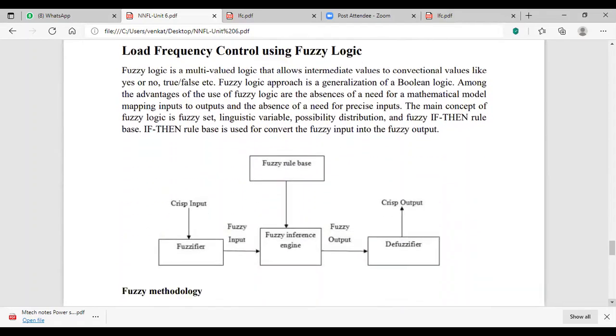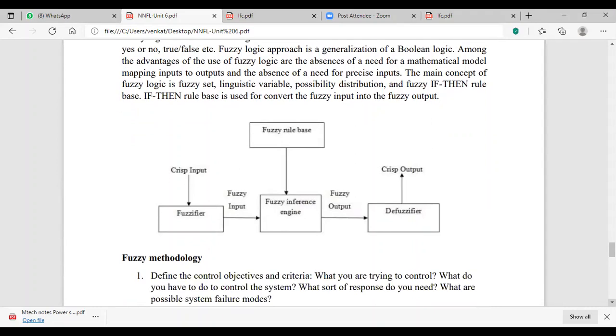And next, fuzzy logic. What are the basic terms included in the fuzzy logic? Fuzzifier, fuzzy inference engine, which will be interfaced to fuzzy rule base, and defuzzifier, which will give you the crisp output.